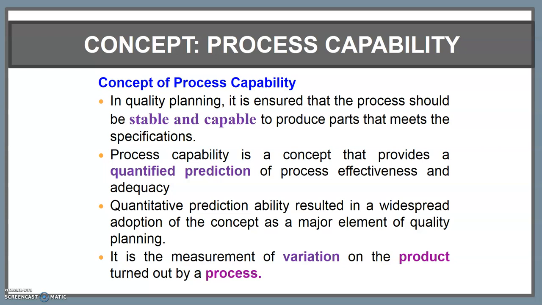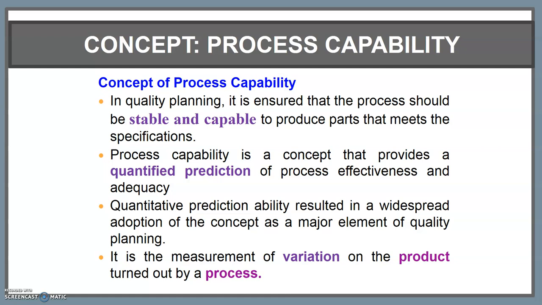The process capability is measured by the variation of the product produced from the entire process. Therefore, the definition of variation is very important. You have to understand what the variation is for your process.